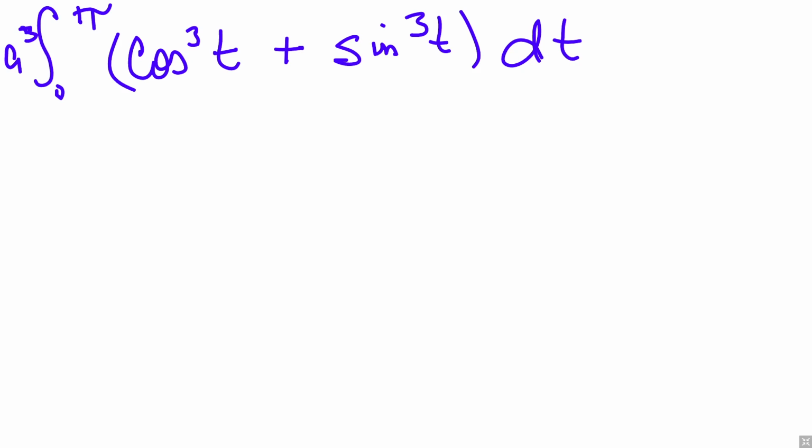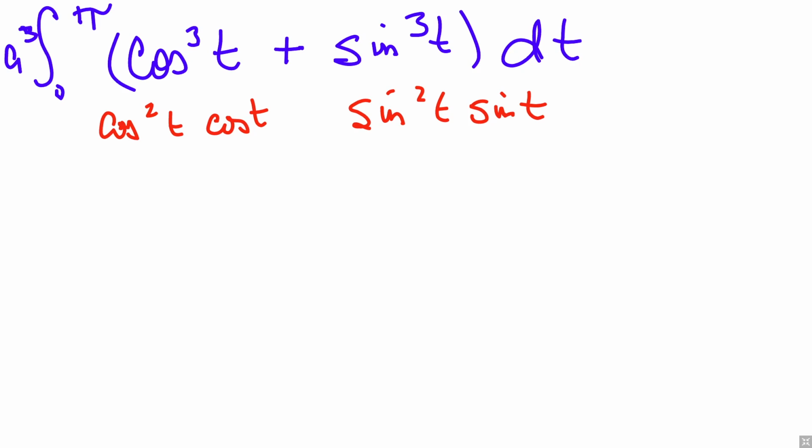So now what we're going to do is break apart each of those and transform them. Keep in mind that cosine cubed we can write as cosine squared t times cosine of t, and for sine cubed, sine squared t times sine of t. Then I'm going to use Pythagorean identities to rewrite the squares.